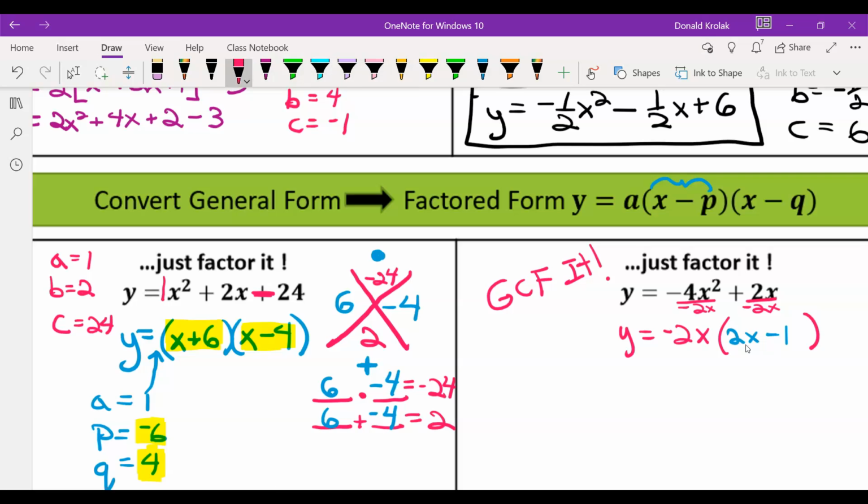Now you've got to get rid of that 2. So that 2 is going to come all the way out front and make that a negative 4x. Divide that by 2. Divide that by 2.